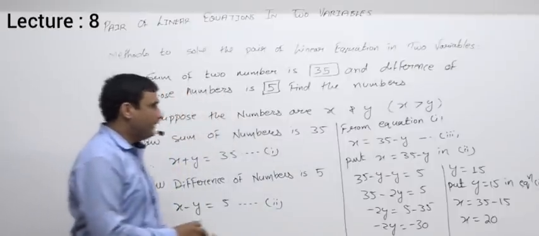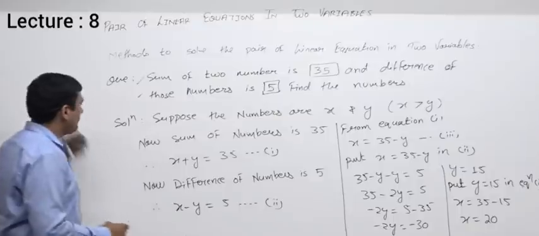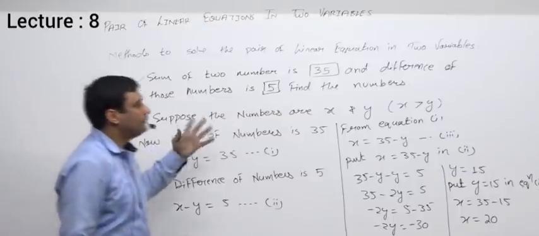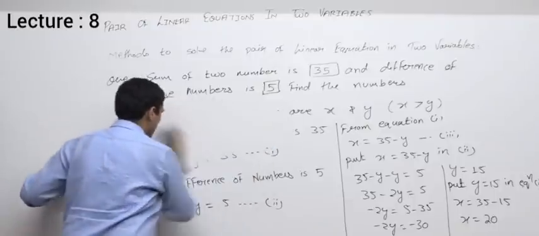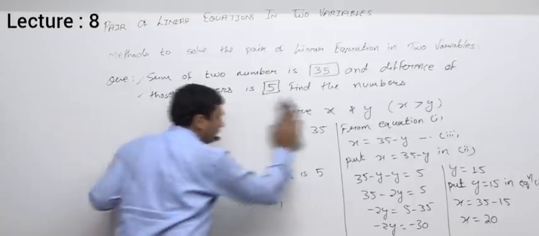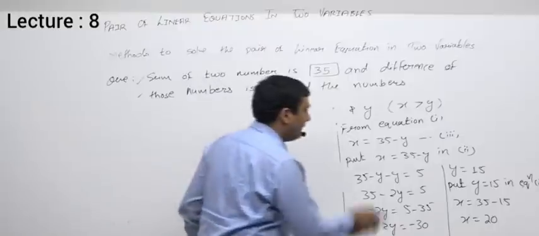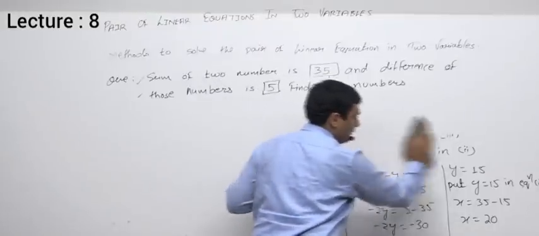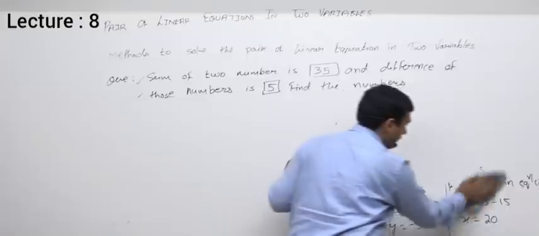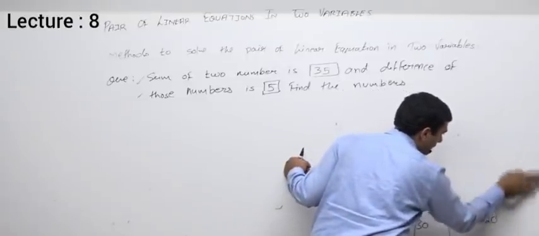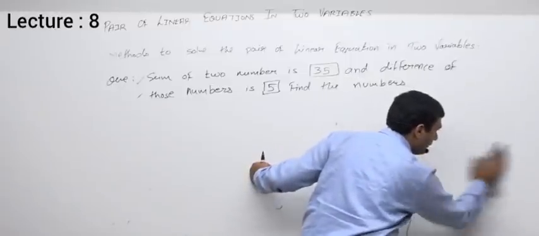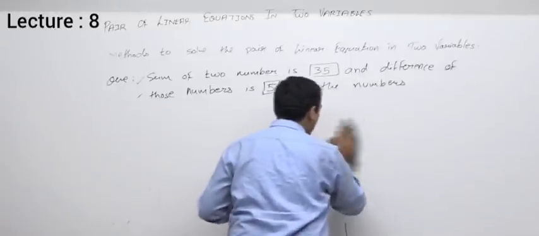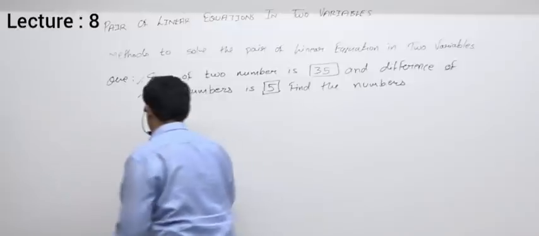We'll see one more example of a word problem based on numbers only. There is a slight change, so let's see how it goes. The difference of two numbers is 26, and one number is 3 times the other.